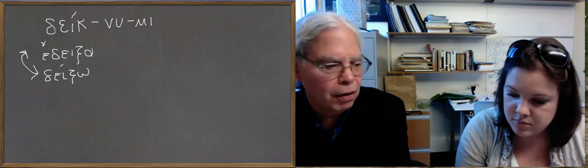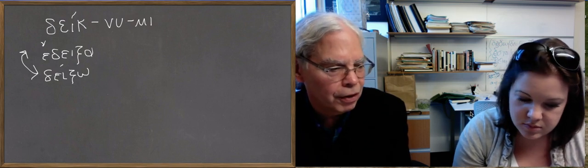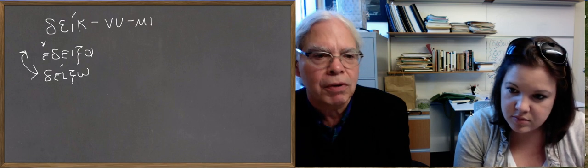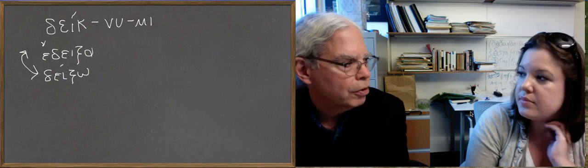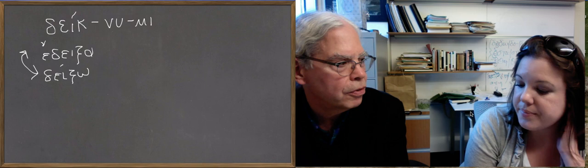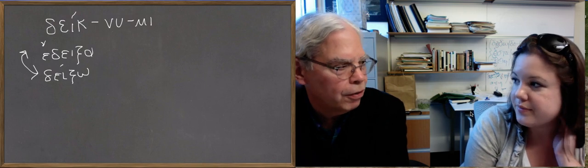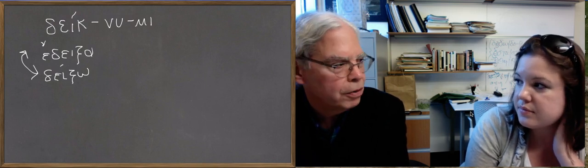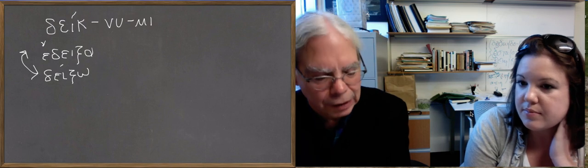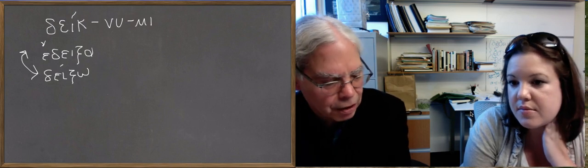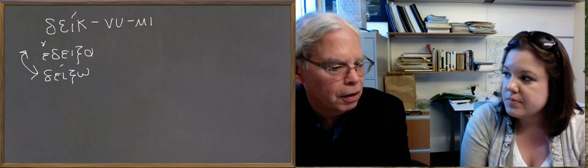In the middle forms, they're even more regular than the regular verbs, because you have no contraction in the second person forms. So deiknusai is you point out for yourself, and edeiknuso is you were pointing out for yourself. These forms are really easy to understand and identify.